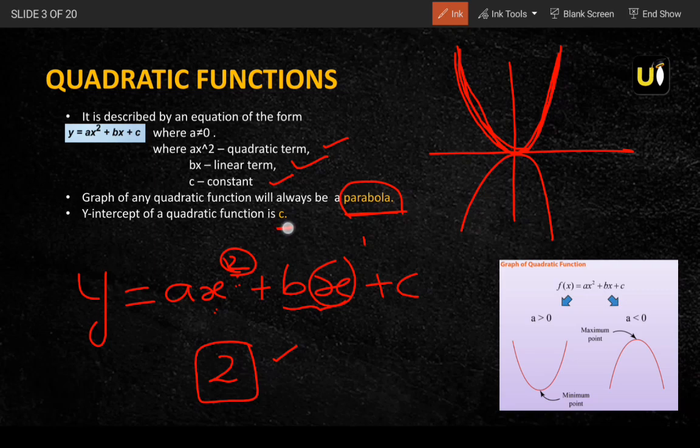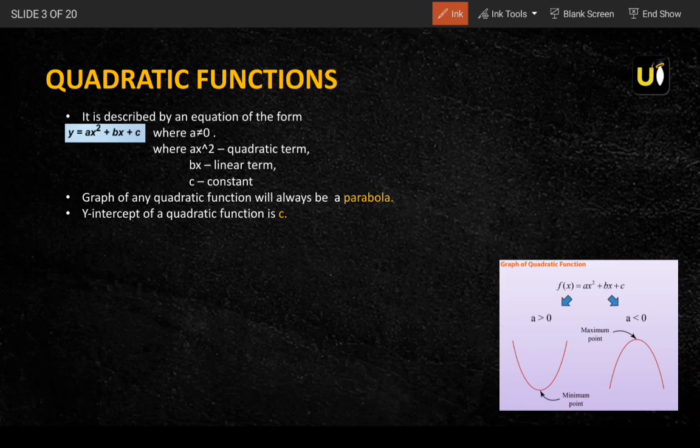If this is the graph of your given quadratic equation, this point, the lowest point, will be the minimum value for that quadratic function. The graph will be an upward parabola if a is greater than 0.